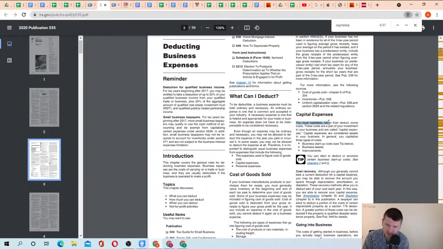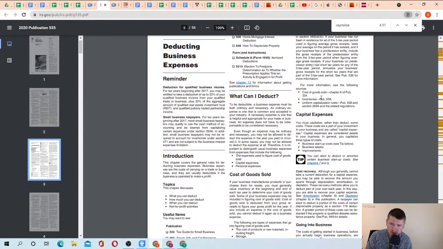You must capitalize rather than deduct some costs. These costs are a part of your investments in your business and are called capital expenses. Capital expenses are considered assets in your business. In general, you capitalize three types of costs: business startup costs, business assets, improvements.